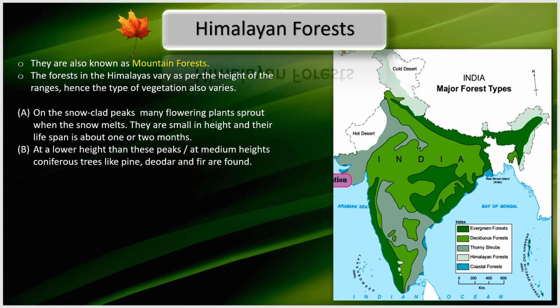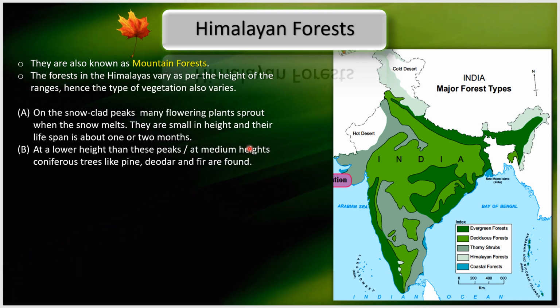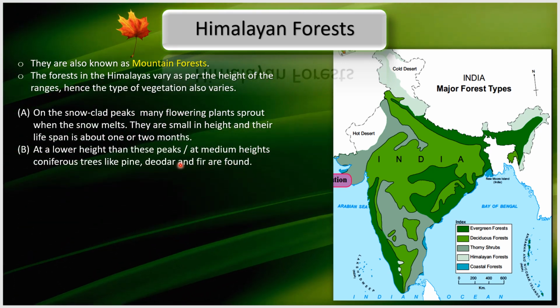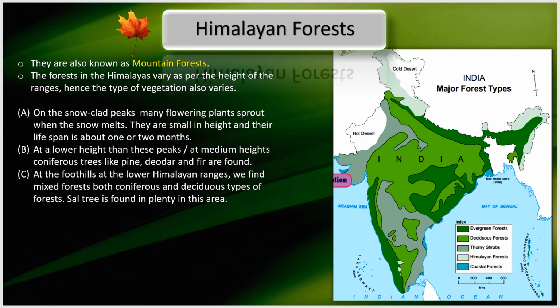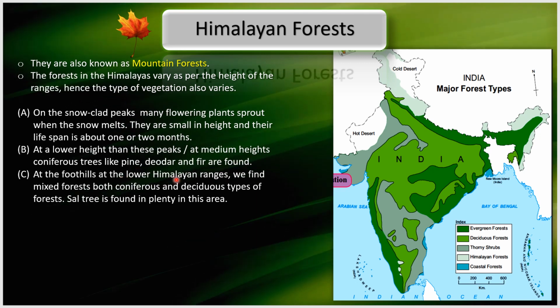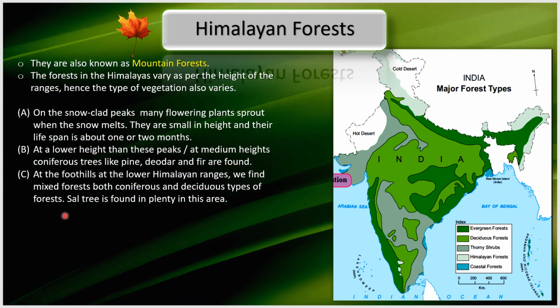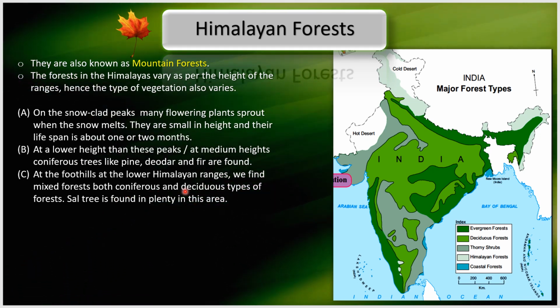At a lower height than these peaks, or at medium heights, we find the coniferous trees like pine, deodar and fir. At the foothills, at the lower Himalayan ranges, we find mixed forest. We find both conifers and deciduous types of forest.